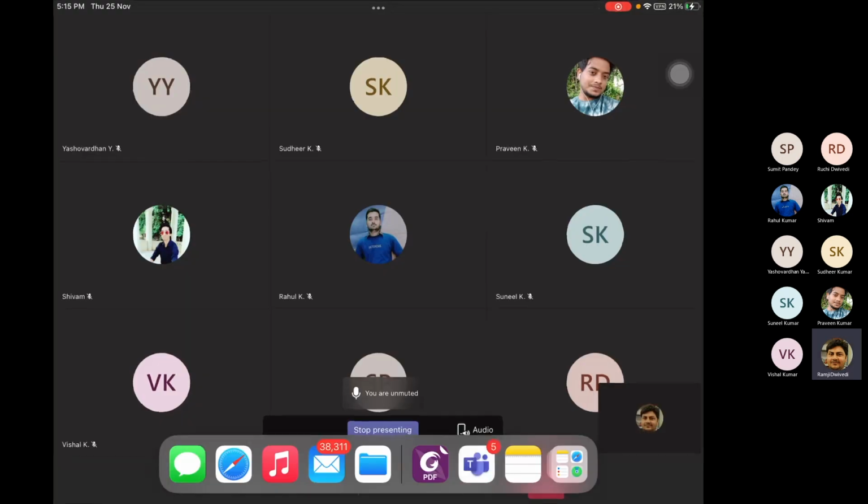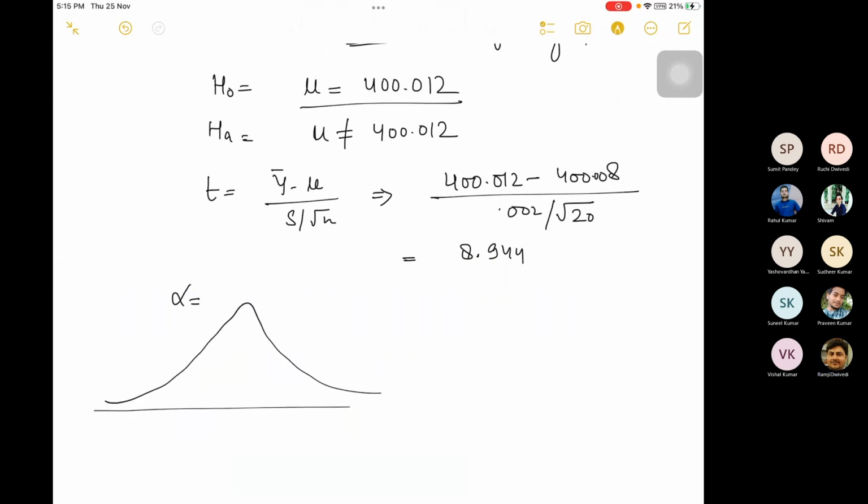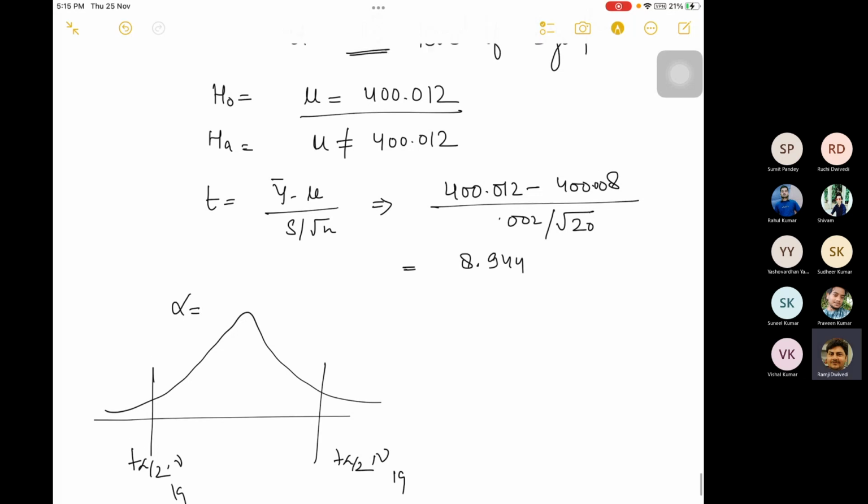When we see the table, that means, look at what the table is. So 19 degrees of freedom, because 20 were the observations.